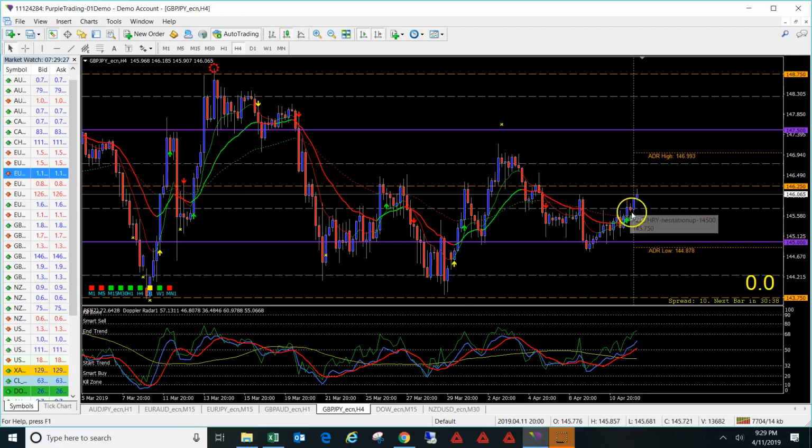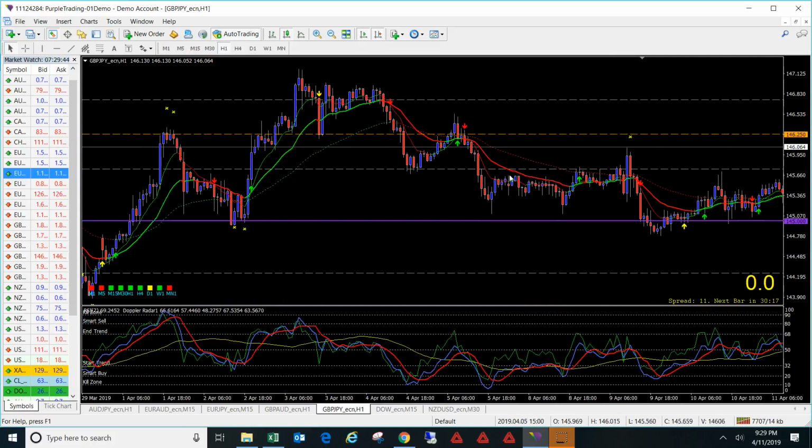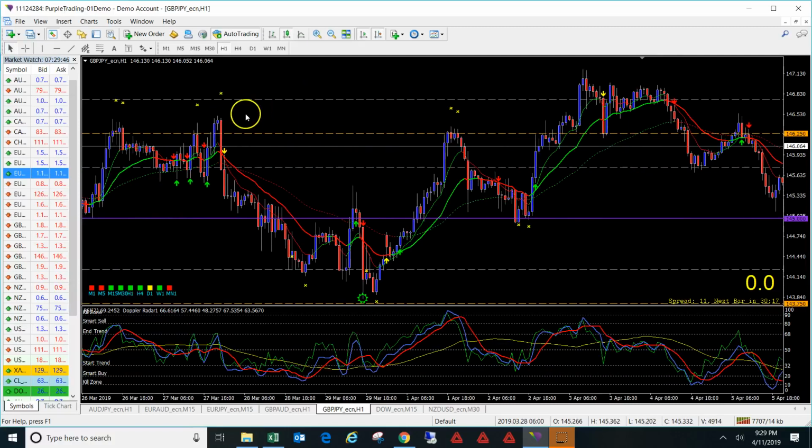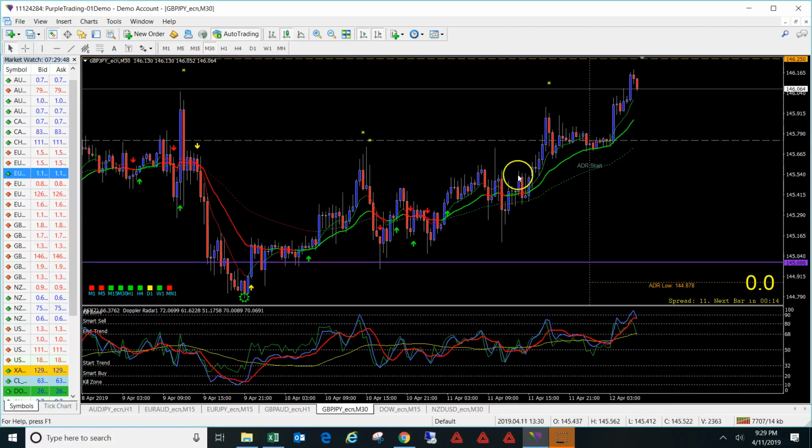Well, it's already pushing up, but you can probably assume it's going to keep pushing up, just from the way the MAs are positioned. And let's go back to the 1 hour. Okay, so this is kind of an example too.